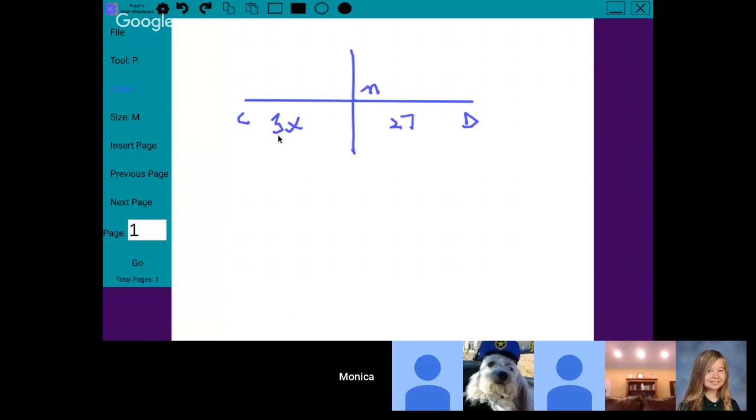So you need to find the whole length. Well, remember your key term there is bisects. So that tells you that this side is congruent with this side. So if one side is 27, this side is also 27, right? So 27 plus 27 is 54. Okay. Thank you.